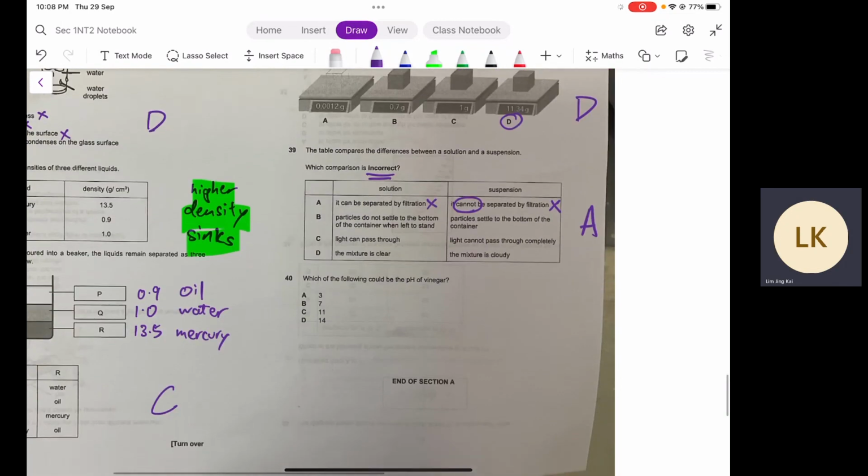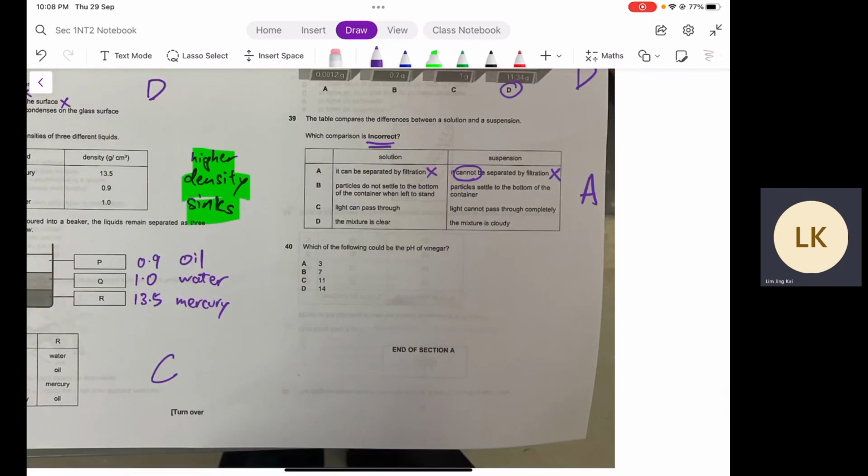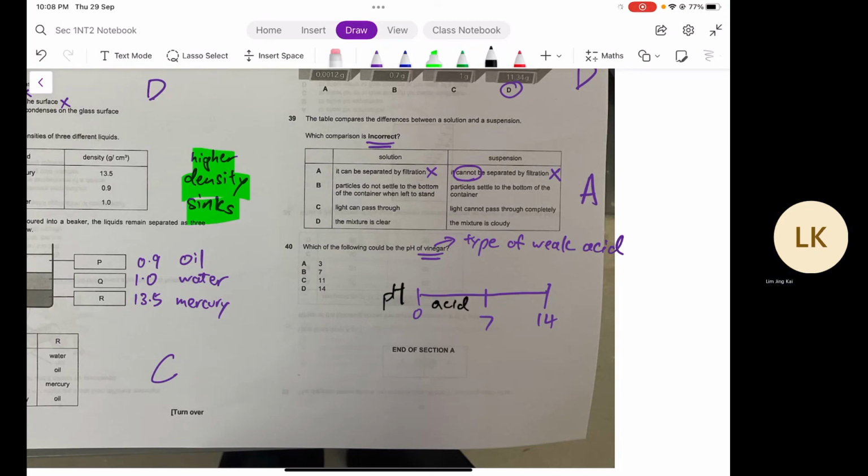And last but not least, which of the following could be pH of vinegar? Okay, you need to remember that vinegar is a type of acid. Okay, in fact, it is a type of weak acid. Okay, so if you look at our pH scale, which stretches from 0 to 14, anything between 0 to 7 is an acid for pH scale.